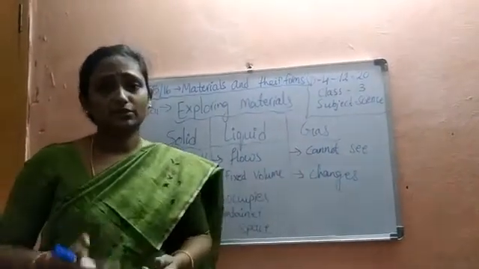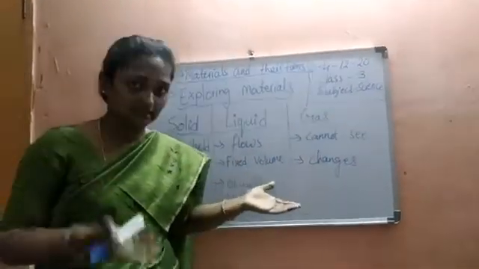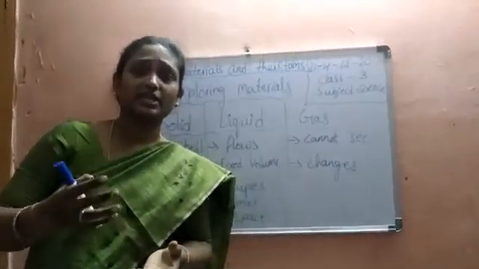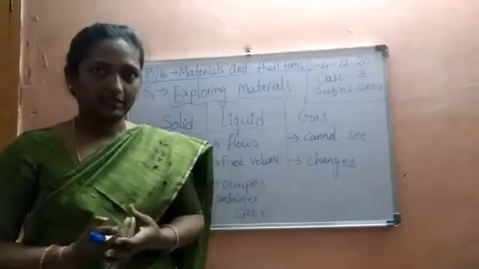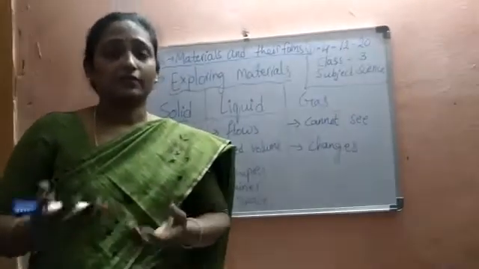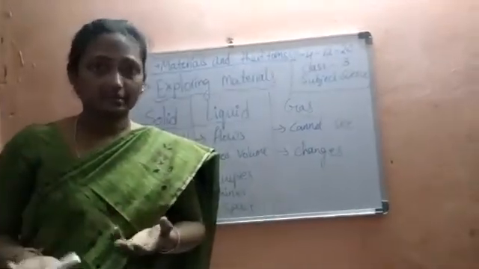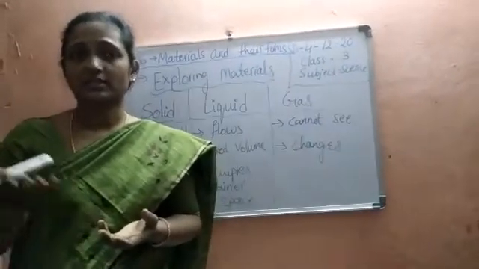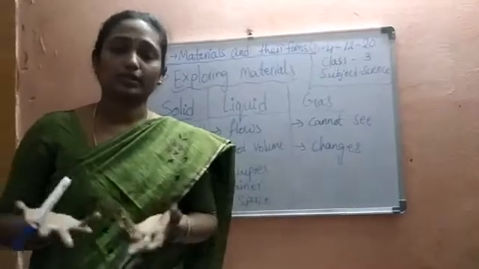Liquid forms we can see. But there are also things which cannot be seen with our naked eye. Like we say that we are breathing oxygen and releasing carbon dioxide. But can you see the oxygen and carbon dioxide? No, you cannot see.